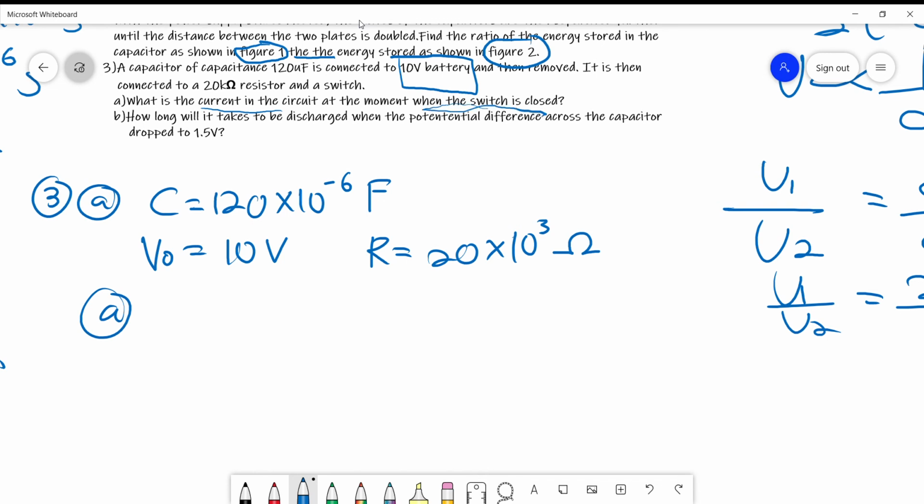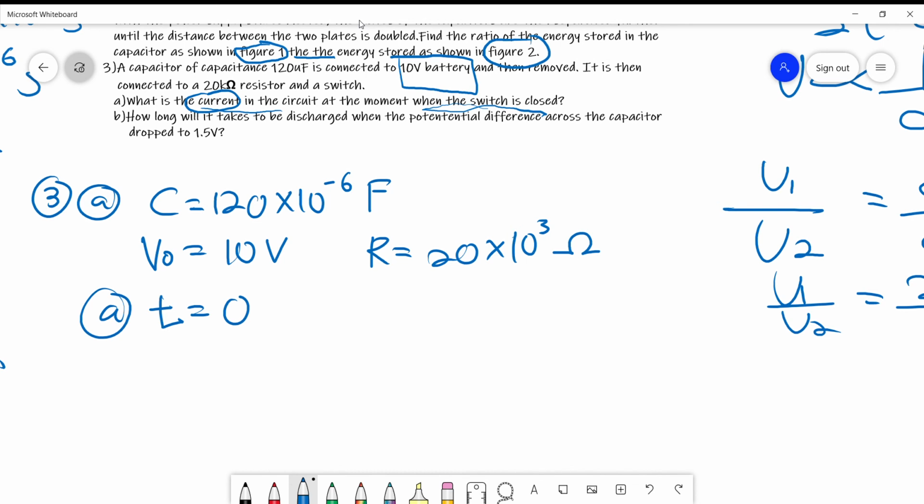From the previous video we discussed that at the moment the switch is closed, we can consider the time taken for discharging to be 0, since the switch is just about to close.